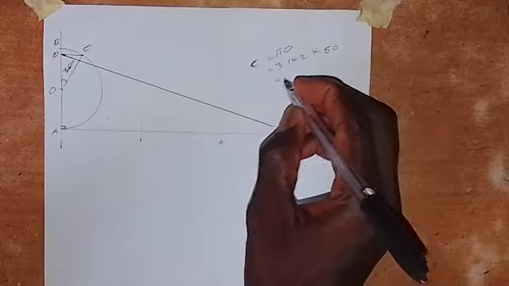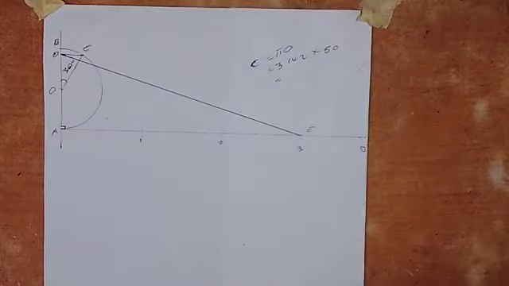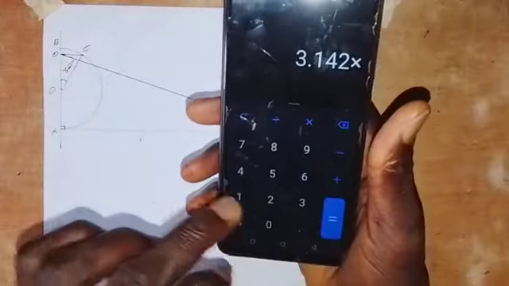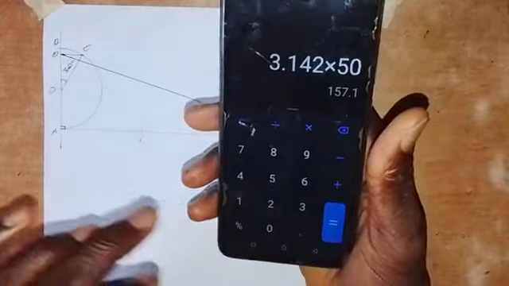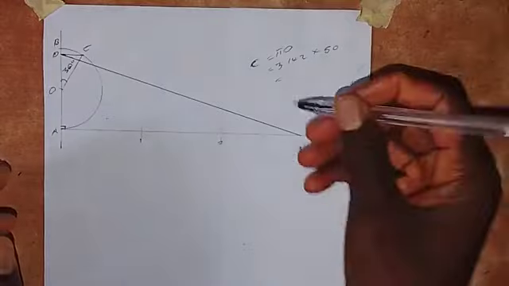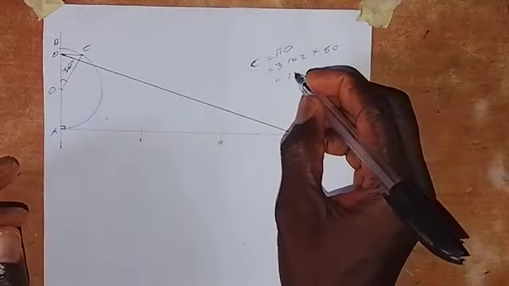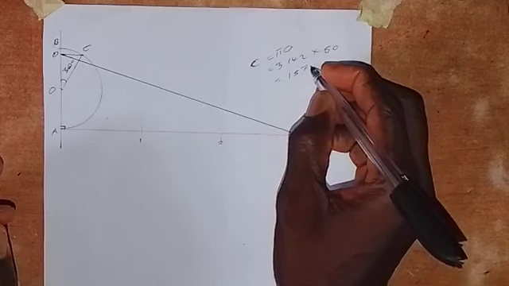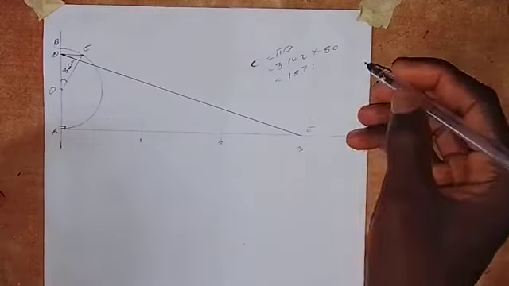Let's see, I'm going to use my calculator to do the calculation. So 3.142 times 50, we got 157.1 by calculation.